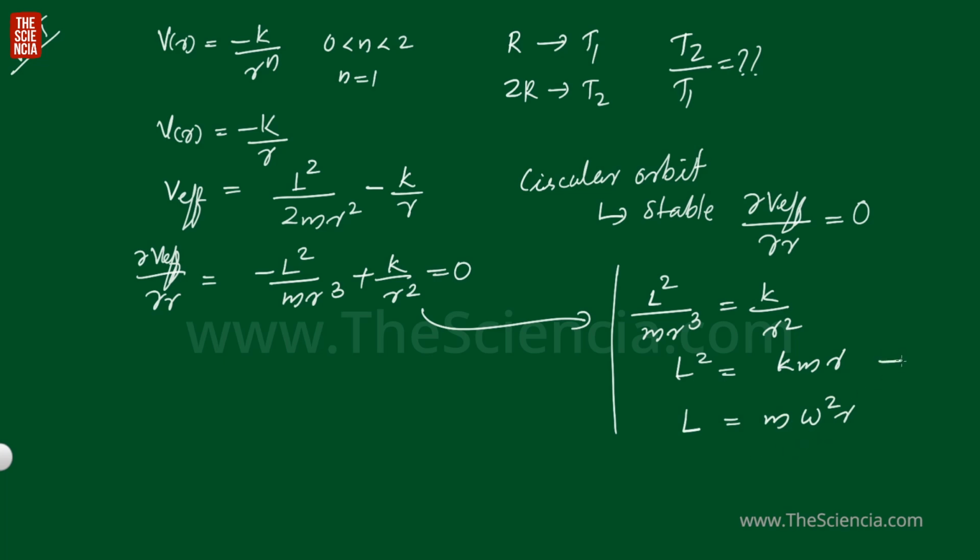So you can equate equation 1 and 2 and you can find out the answer. I give you this as work for you. Please follow this method also and try to find out the answer. And here I tell you one more thing, omega, we know, is equal to 2 pi by t. So we can make a relation between time period t and r. Okay, please try this.